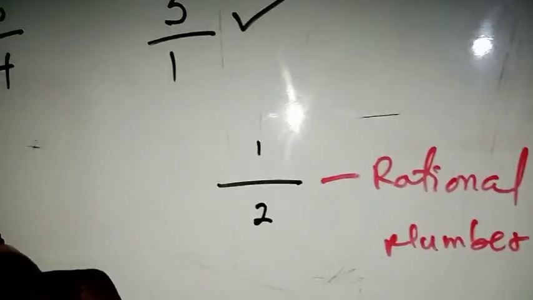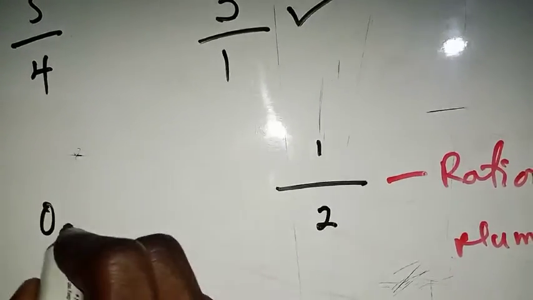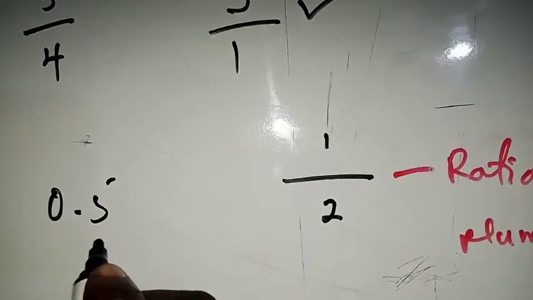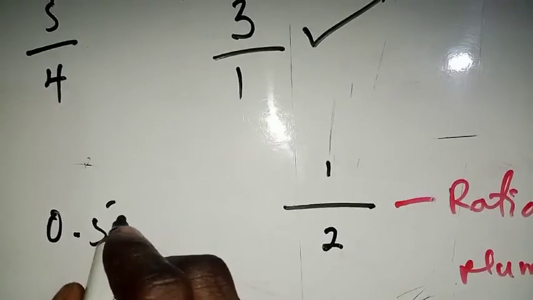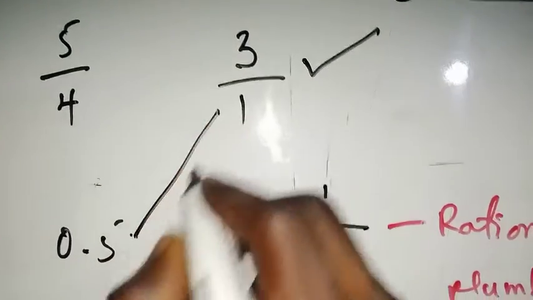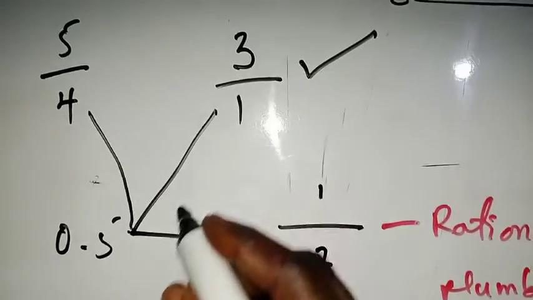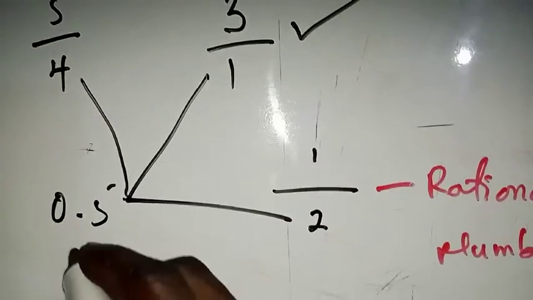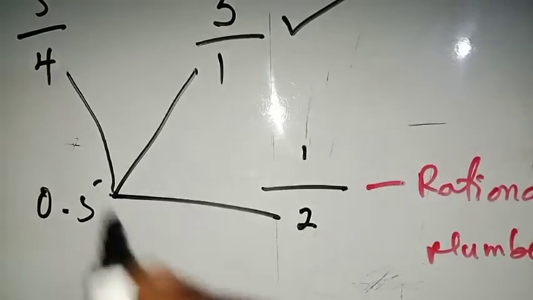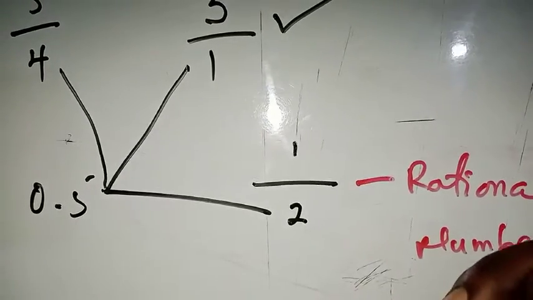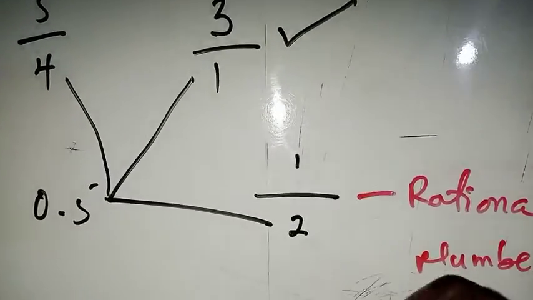What about 0.5? Can this also be rational? If you can easily convert it to look like this, and if it is possible, then it is a rational number. That is how you should be able to identify a rational number by image.